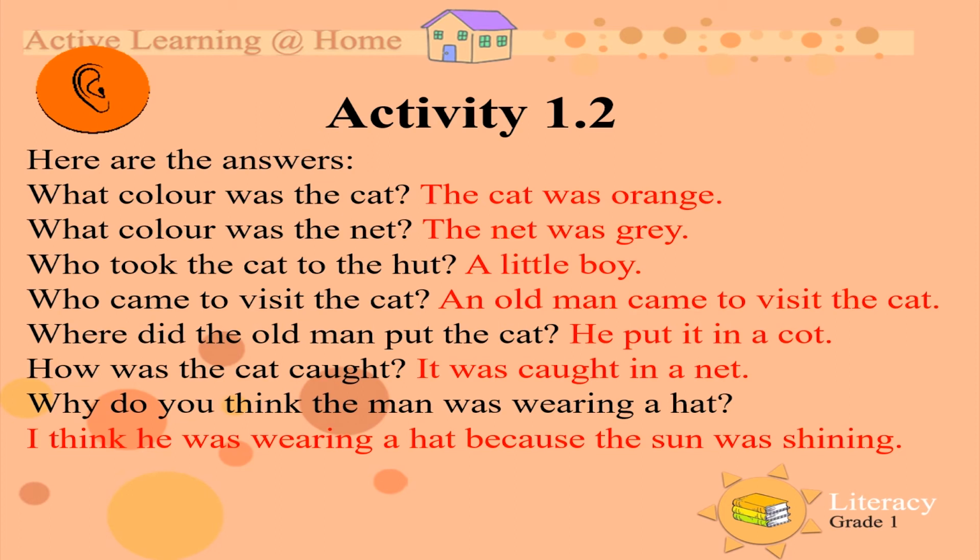Who took the cat to the hut? A little boy. Who came to visit the cat? An old man came to visit the cat. Where did the old man put the cat? He put it in a cot. How was the cat caught? It was caught in a net.